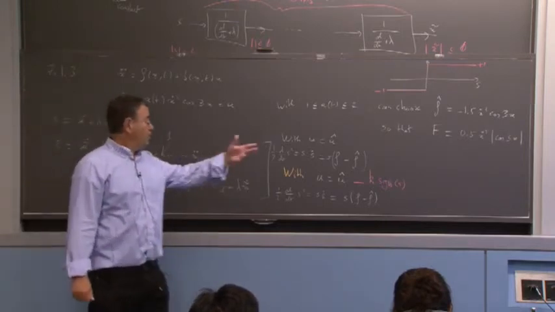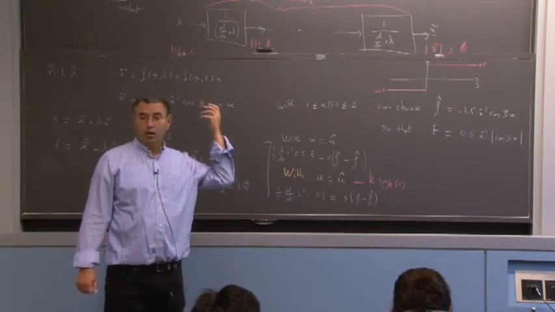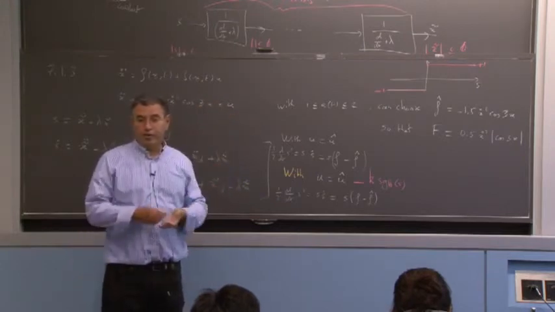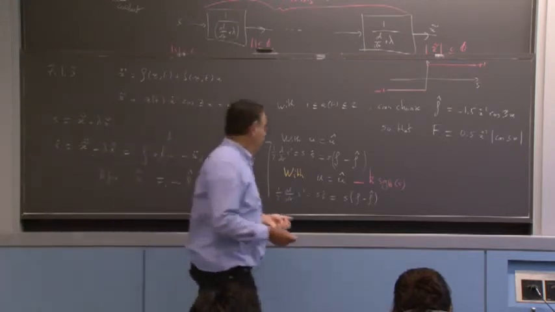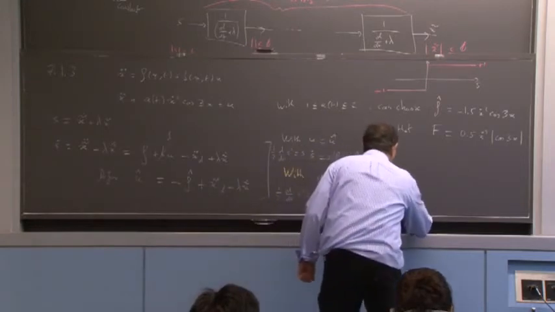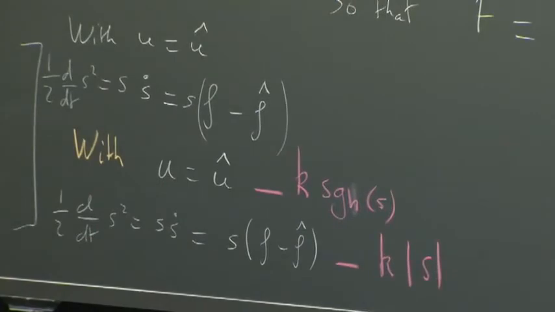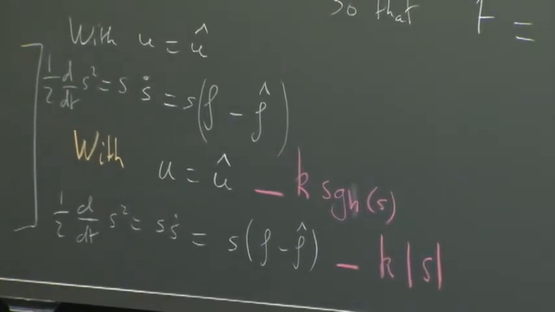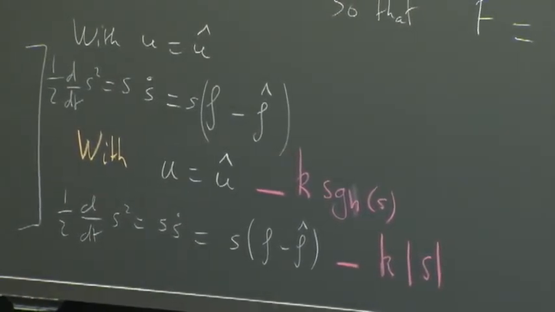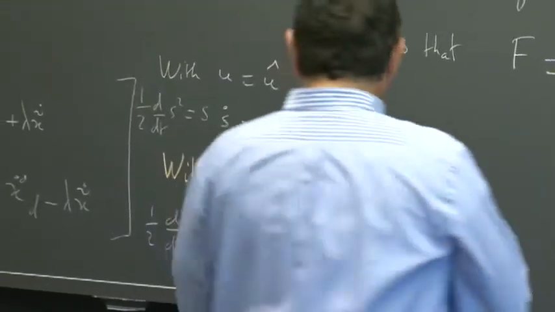So we just get k sine of s times absolute value of s. How can we write that? Well, it's simply k times absolute value of s, since s times sine of s is just absolute value of s.